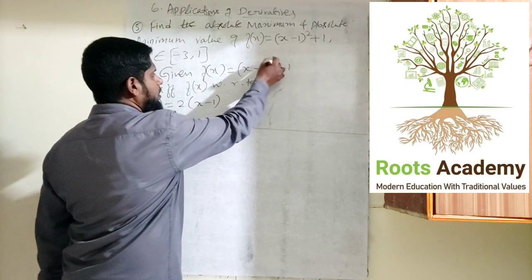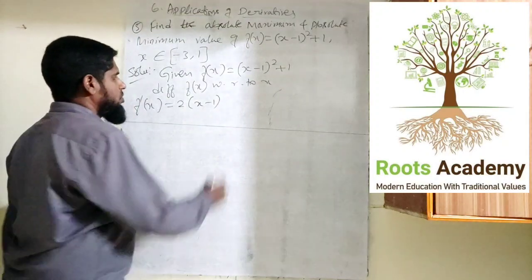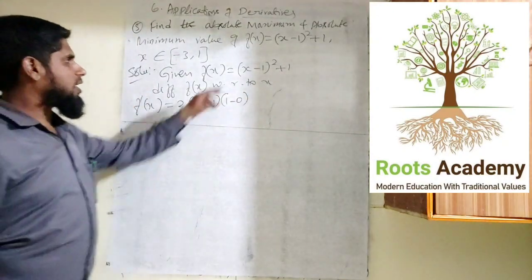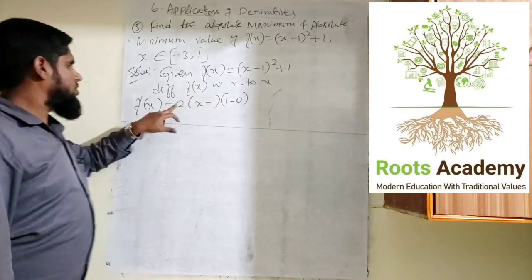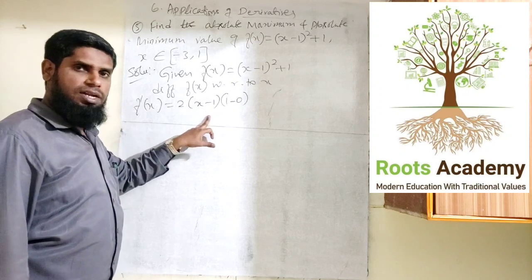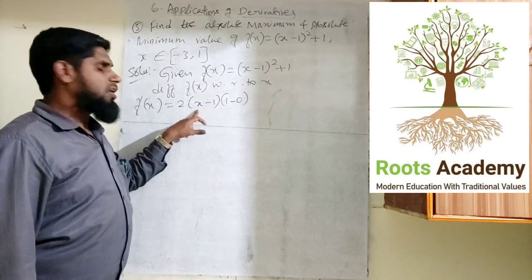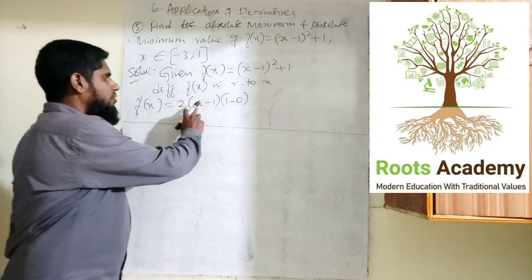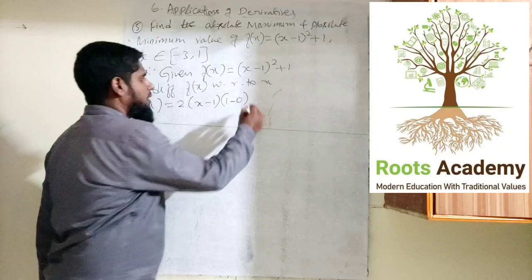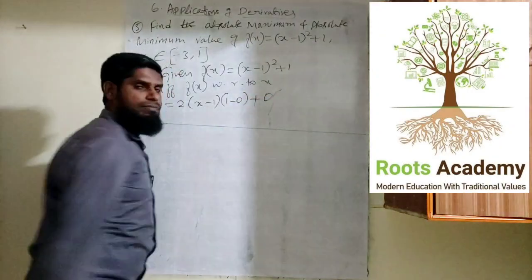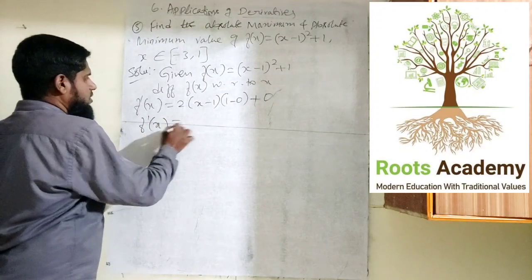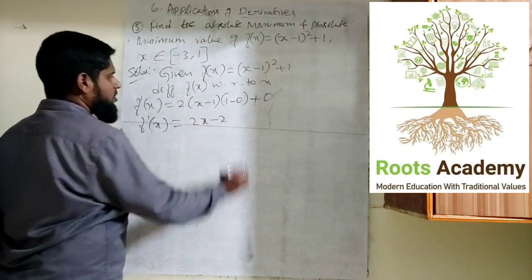Then under the square there is a linear equation, so its derivative is 1 minus 0. First I considered this as x square, so its derivative is 2x, where x is x minus 1. Since it is a linear equation, I must differentiate one more time. Derivative of x is 1, derivative of 1 is 0, plus derivative of constant is 0. Finally, our derivative is 2x minus 2.